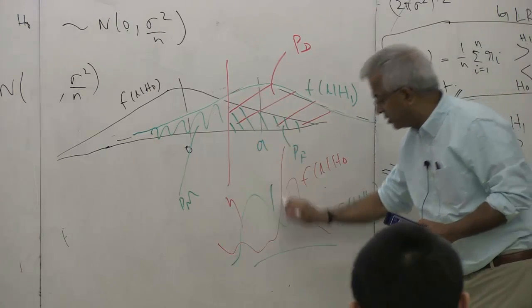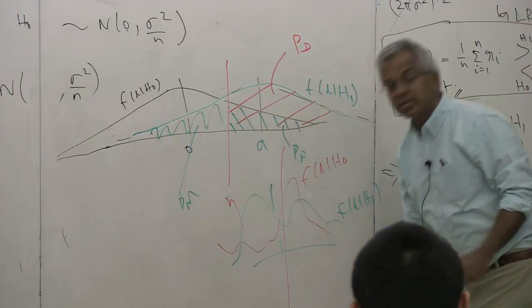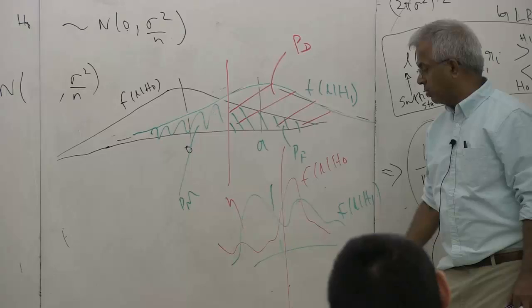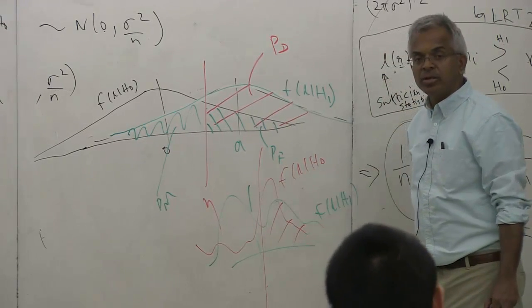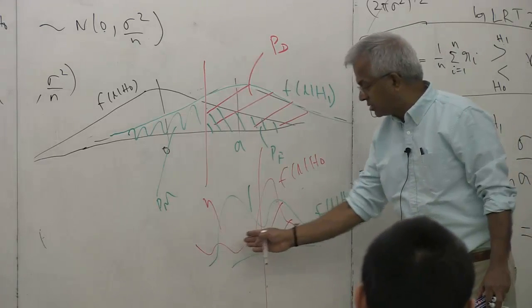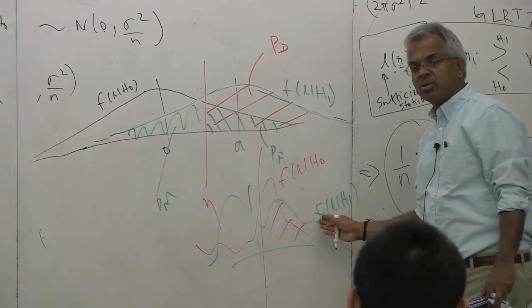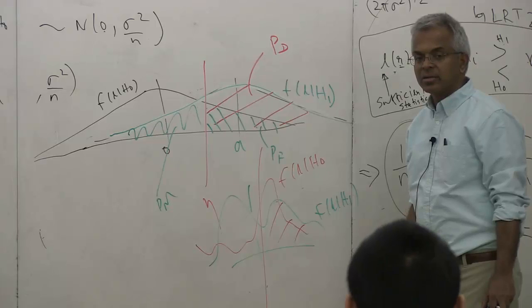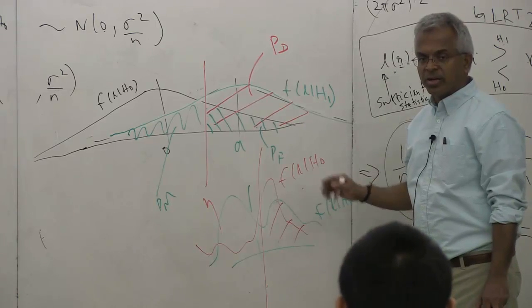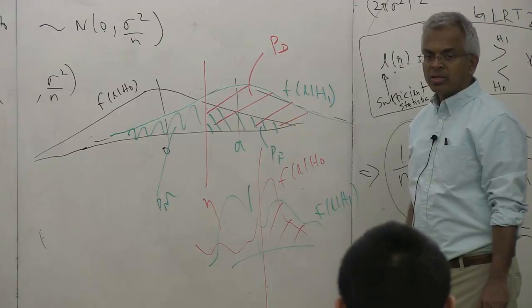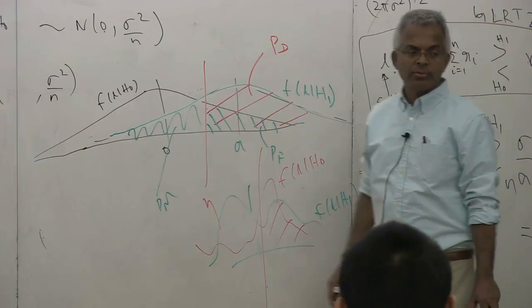Somewhere you are going to say, this is my eta. Then this is going to be PD and the other one is PF. You can see, if I move this left, both are increasing. If I move to the right, both are decreasing. So this is only a heuristic explanation, but either today or tomorrow, I'll prove it for you.